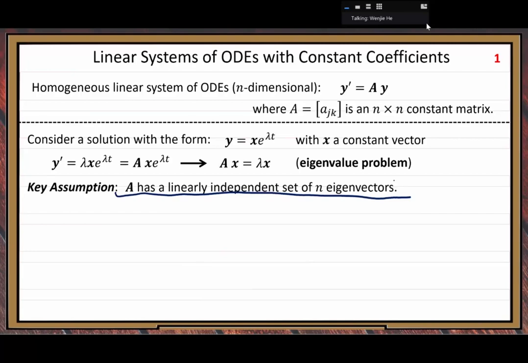That could happen. In that case, the structure of the eigenvectors could be very complicated, linearly dependent, so we couldn't find linearly independent ones. But if we couldn't find them, then we cannot get the basis functions for our linear system. We cannot represent the whole general solution. So that's the reason.